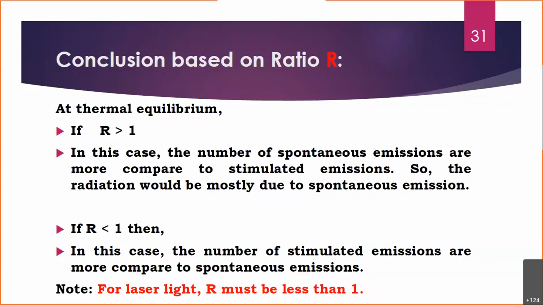If R is greater than 1, the number of spontaneous emissions is more compared to the stimulated ones. In that case you will get ordinary light, or diffused light, which we see in tube lights and many other light sources. The reason, again, is that if R is greater than 1, spontaneous processes are more and more compared to the stimulated, which means you will get diffused light.